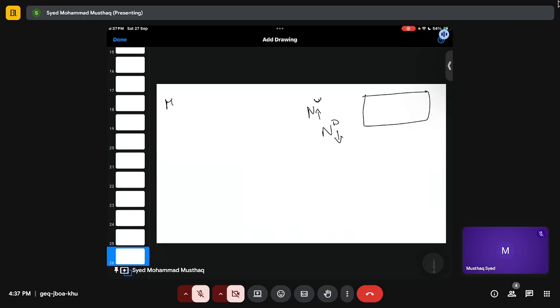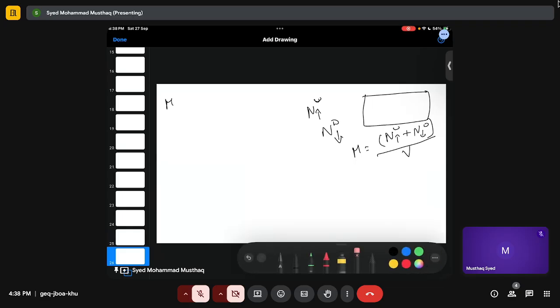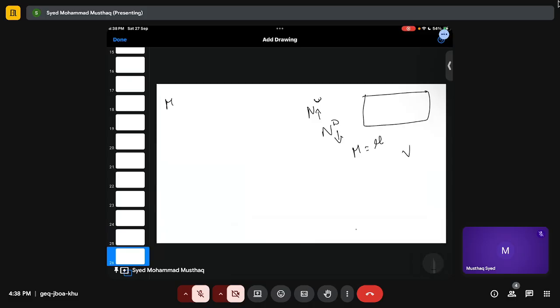The magnetization will be the magnetic moment of up spins minus the magnetic moment of down spins.